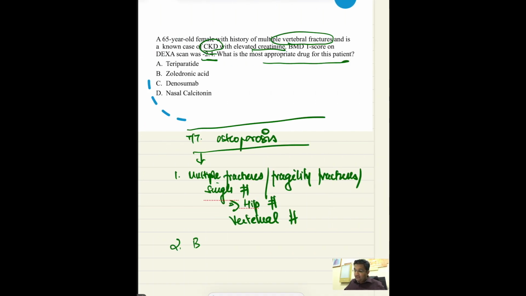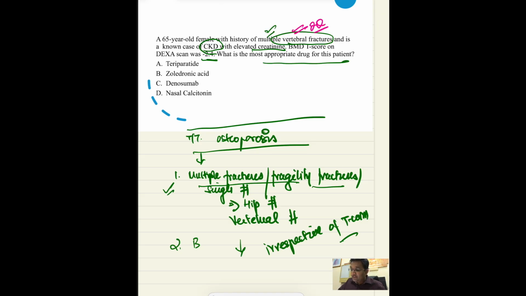Another thing of importance is, if there is a history of vertebral fracture or fragility fracture, or a hip fracture, we treat the patient directly irrespective of T-score.